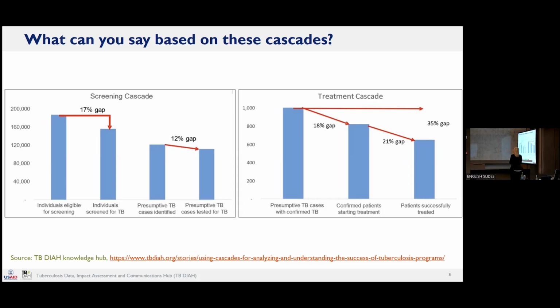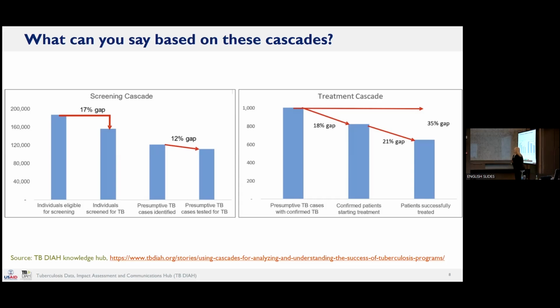So what we've covered is actually the number of presumptive TB cases that were further tested for TB, either to diagnose it, maybe, or to exclude it.